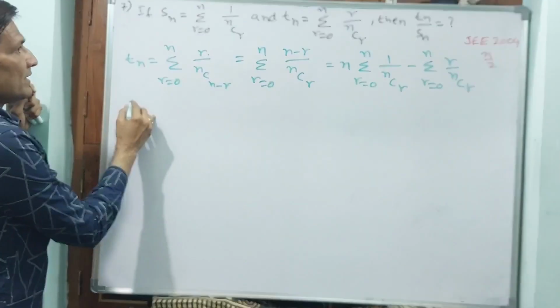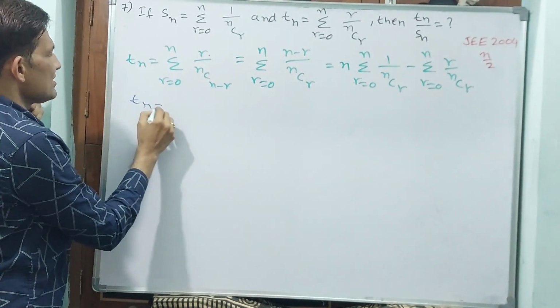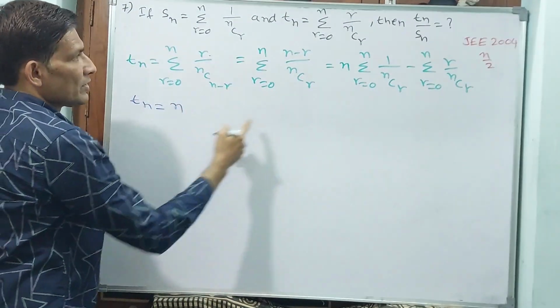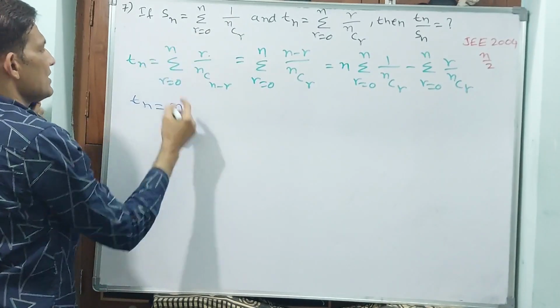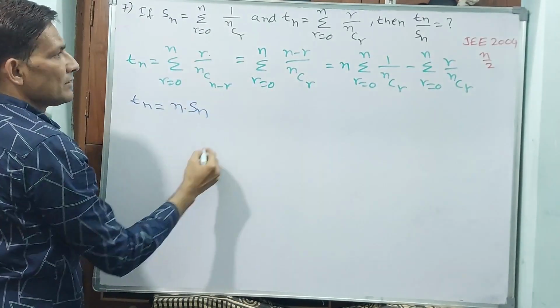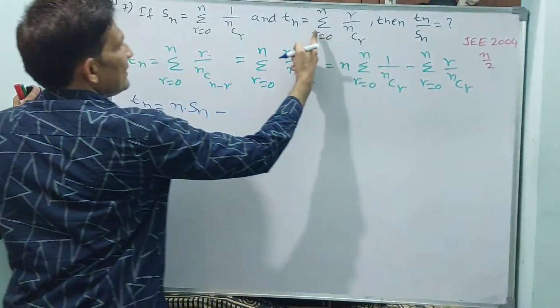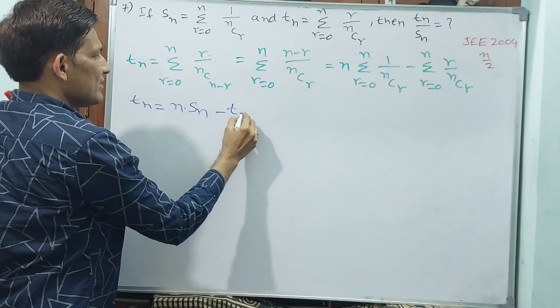This entire thing is Tn. Write down once again. Tn is equal to this one. See, n into what is this? 1 by nCr. 1 by nCr is your Sn. Then write down Sn minus what is this? This is Tn again. r by nCr is again Tn.